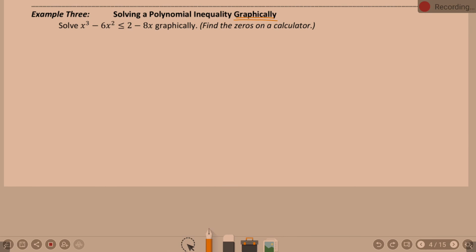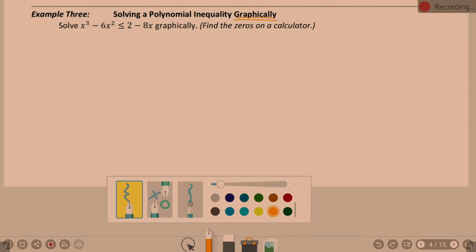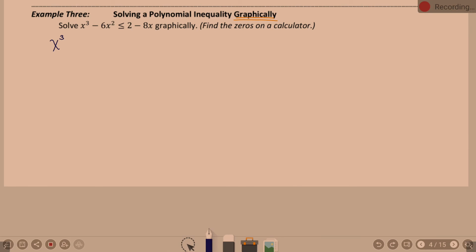Now, what has to happen here before I can use the calculator? You need everything on one side. So let's start by getting that. X cubed is going to stay on the left. Minus 6x squared is going to stay on the left. What else has to happen?